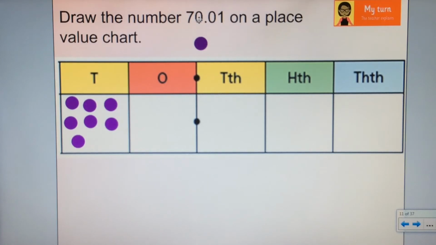I've got no ones. That 0 is a placeholder to hold the value and hold the space in the column, showing me that that is representing the tens. I've got no tenths and I've got 1 hundredth. So remember that zeros can be placeholders.